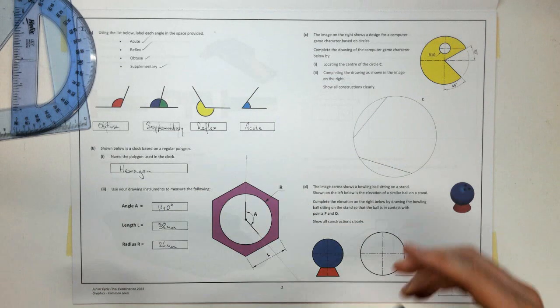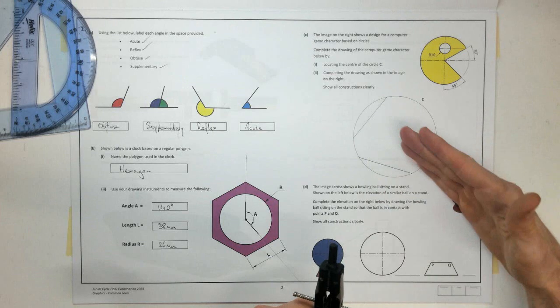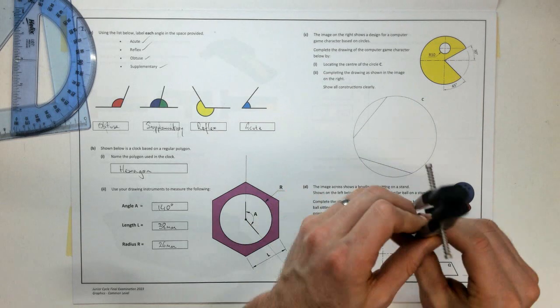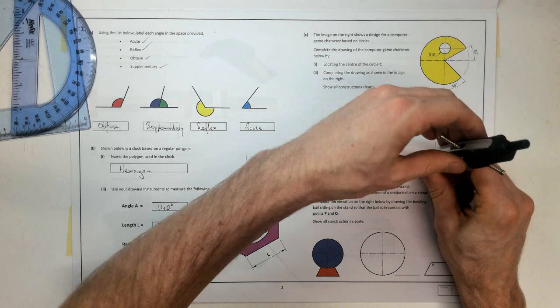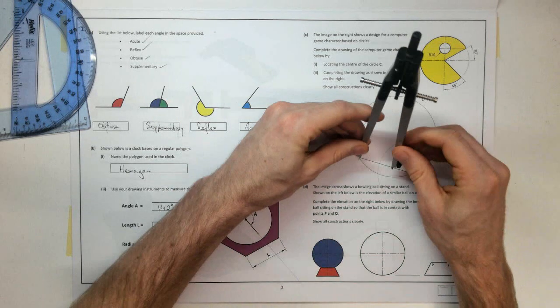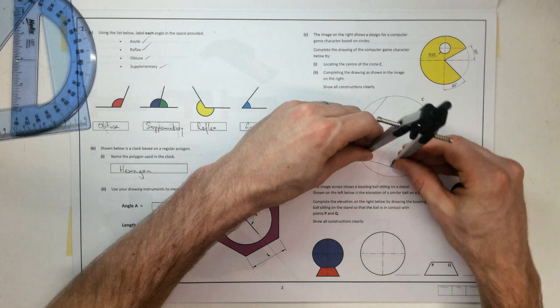To find the center then, I'm going to bisect this chord, and I'll get my perpendicular bisector. Do the same here and get another perpendicular bisector, and where they intersect will be the center. So set my compass to more than half, swing an arc.